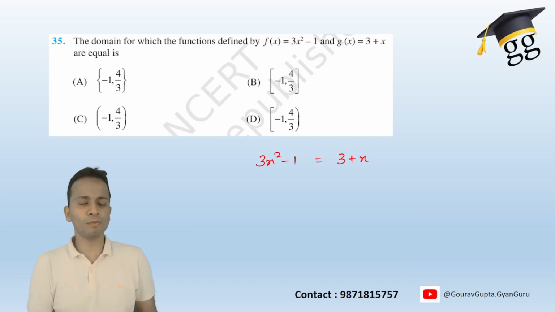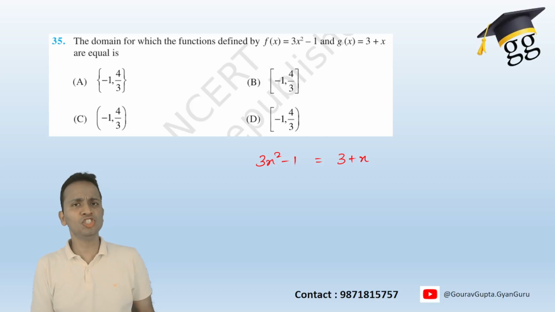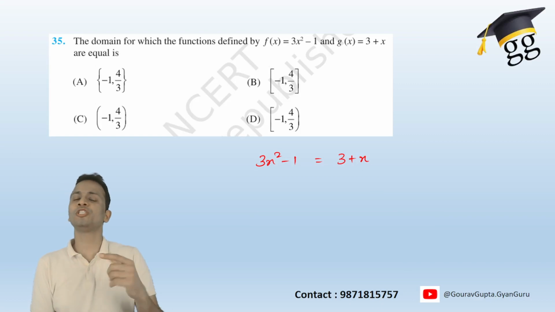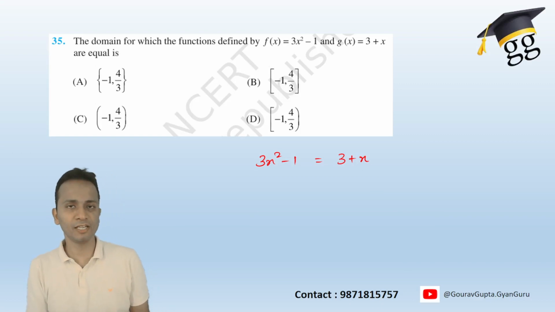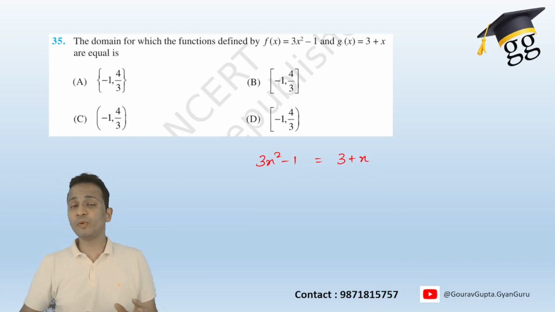Now, by careful observation, you can see that you will get a quadratic equation. Now, quadratic equation generally has two solutions. Both the solutions may be equal, so it may have single solution as well, but it will never have more than two solutions.